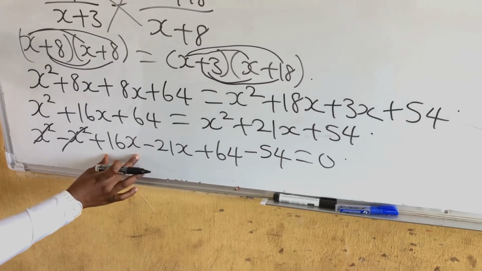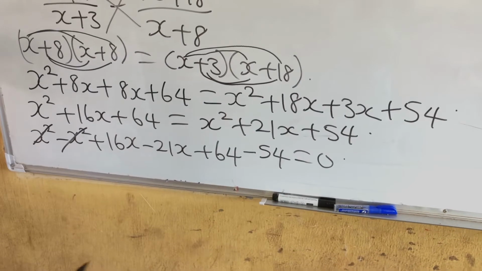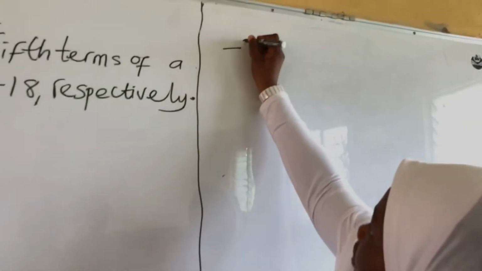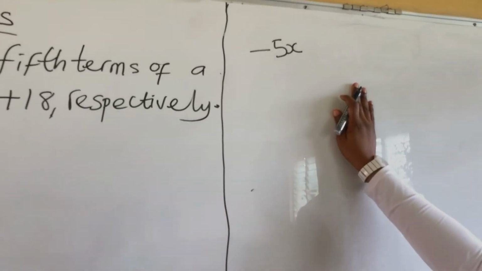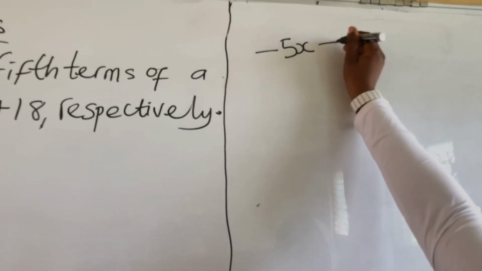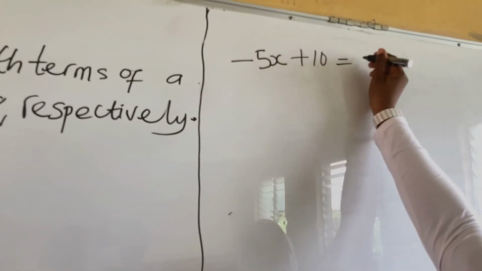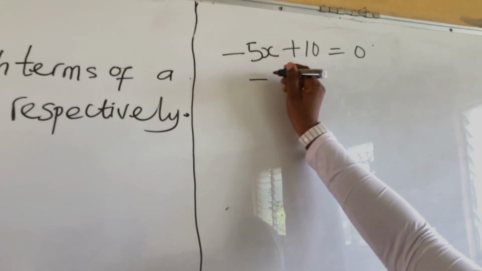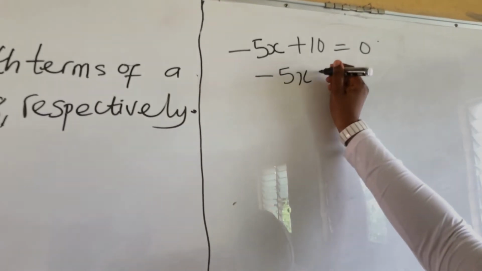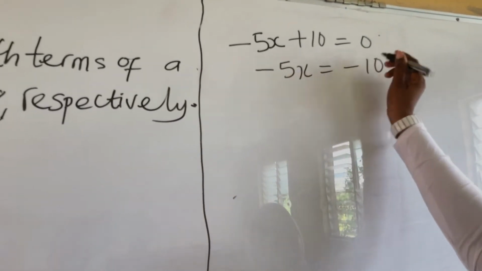Plus 16x minus 21x gives minus 5x. Minus 5x plus 64 minus 54 gives plus 10 is equal to 0. So from here, we have minus 5x is equal to minus 10.